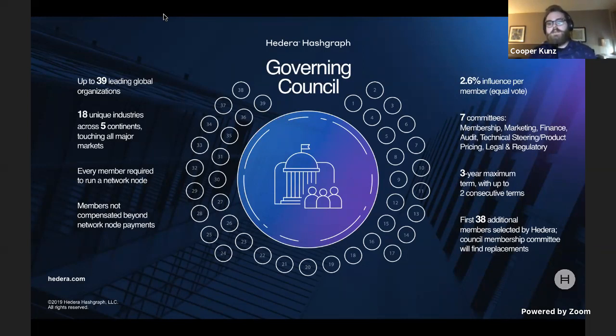The Governing Council members are actually not incentivized or compensated in any way beyond the fees that they generate from running those nodes. So just like in the future, when Hedera enables permissionless nodes, their nodes will be no different other than the stake that is proxied to them. All members of the Hedera Governing Council have an equal vote.